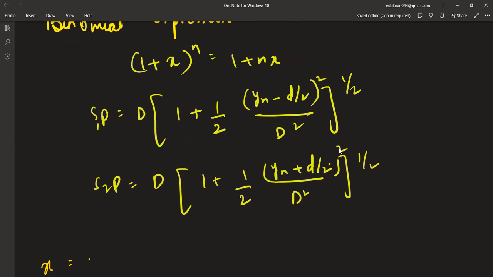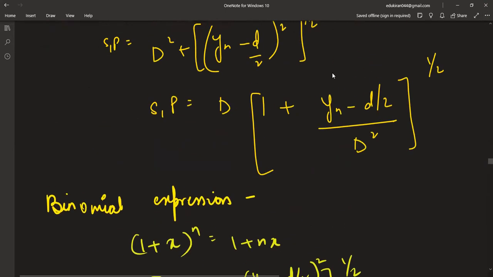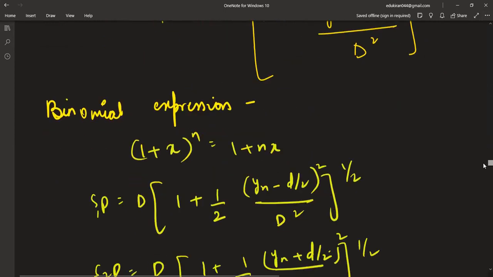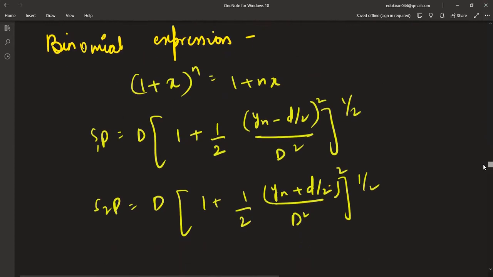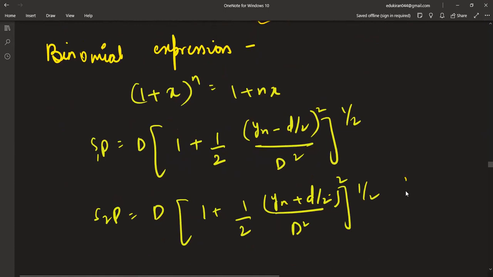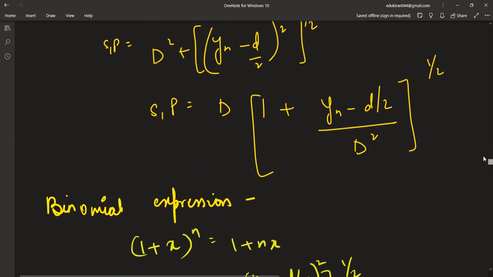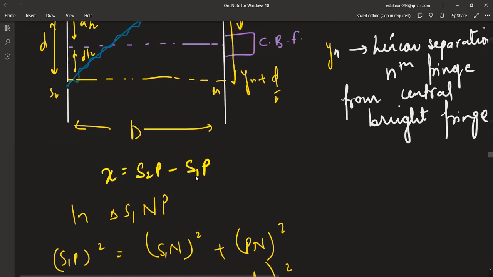Just tell me if any doubt is there in this part, binomials. Basically, this we have derived, half we have just multiplied because this is 1 plus nx. So this half has also been multiplied. And similarly, this equation, I have not derived it separately because this is similar to the first equation, S1P and S2P, when I just wanted to find out the value of S2P and S1P.